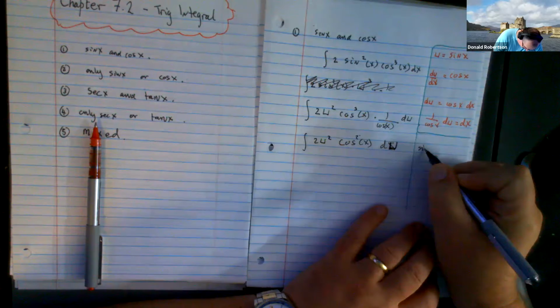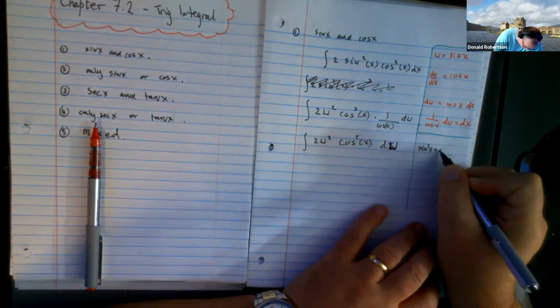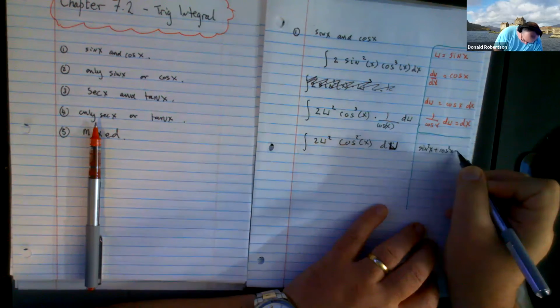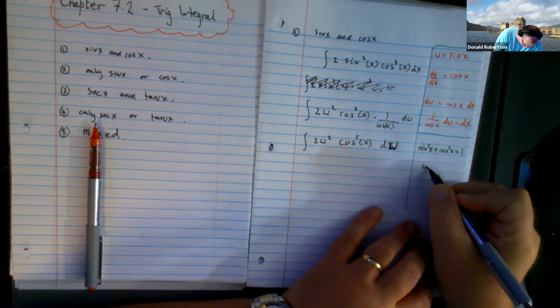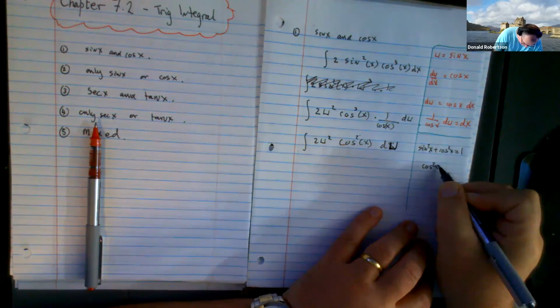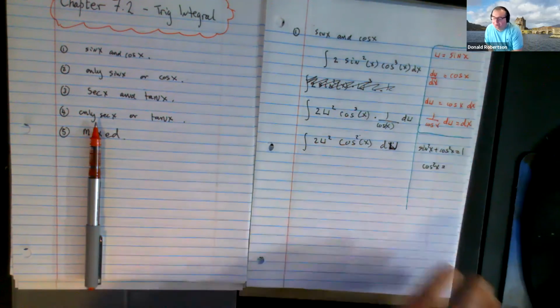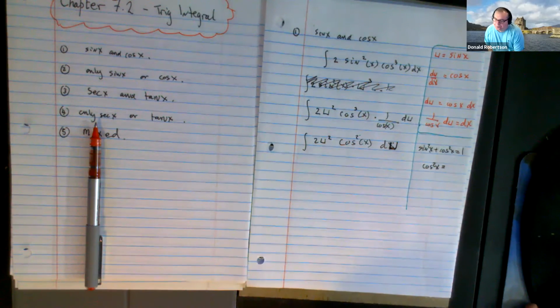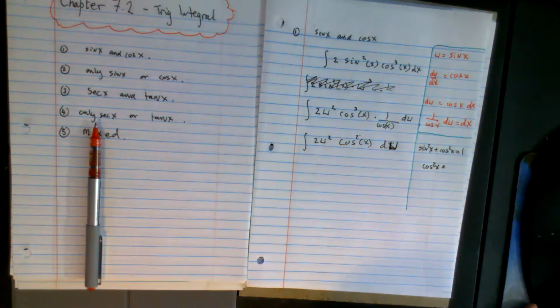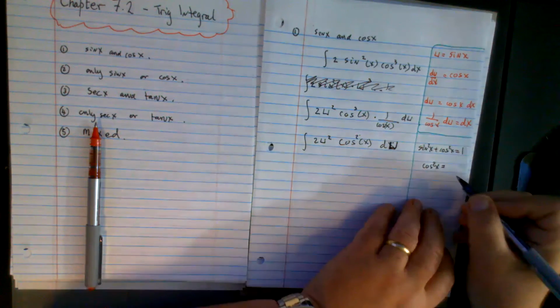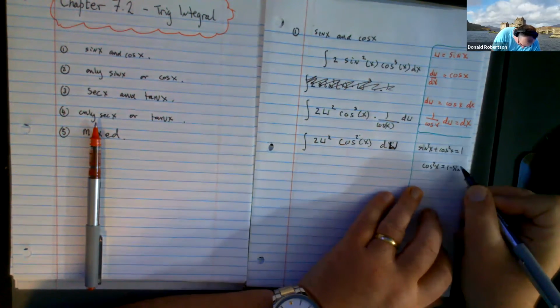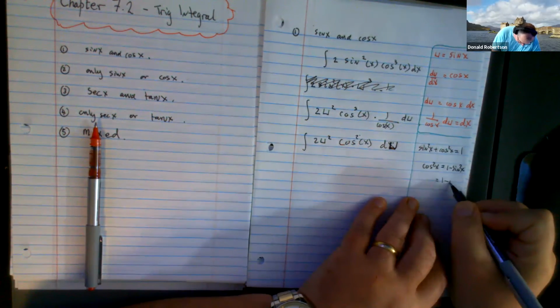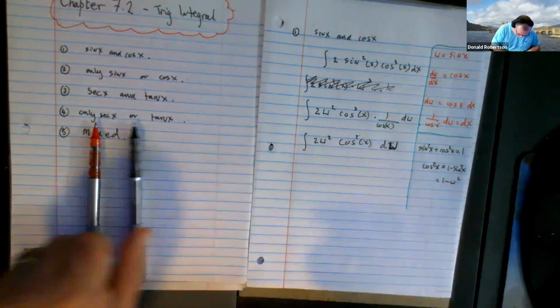And if we look at sine squared plus cos squared x is 1, if you rearrange that, what does cos squared x equal? 1 minus sine squared. And 1 minus sine squared becomes 1 minus u squared, and we've done what we said we needed to do.